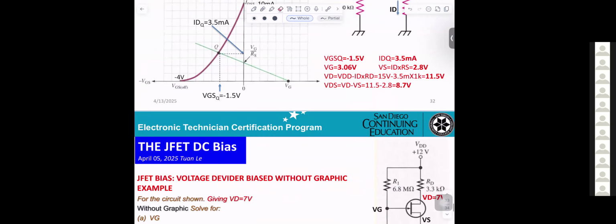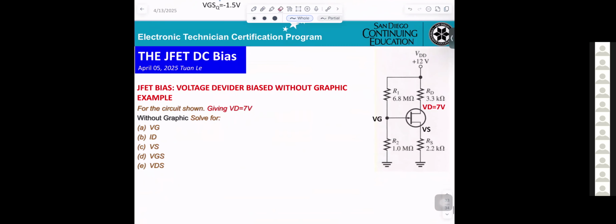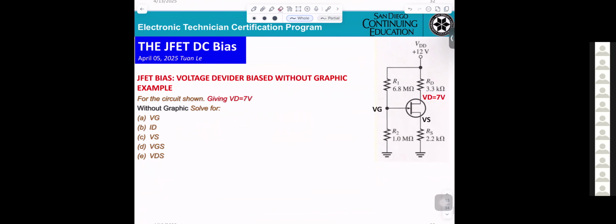Now, they're telling you here, I try to explain to you. This is a voltage divider bias. However, they said I don't want a graph, so that's why they give you VD equals 7 volt.